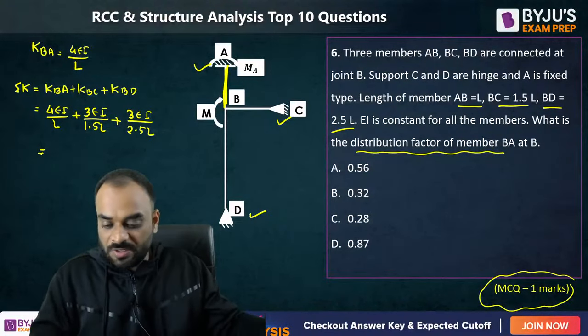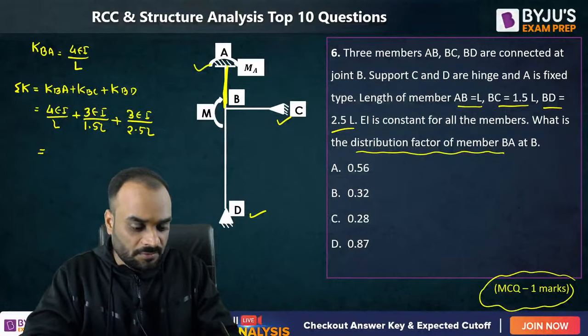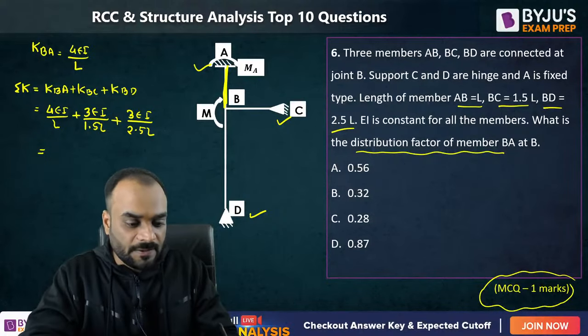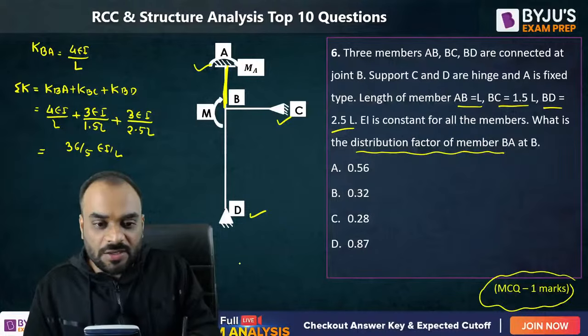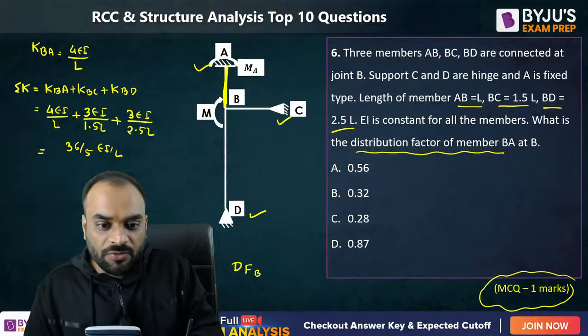Let's calculate this, how much it is. 4 plus 3 divided by 1.5 plus 3 divided by 2.5. So guys, this value is coming around 36 divided by 5 EI by L. Now let's calculate the distribution factor for BA.